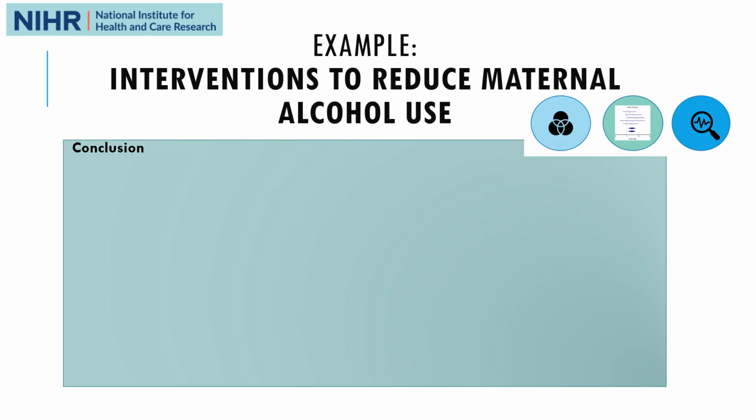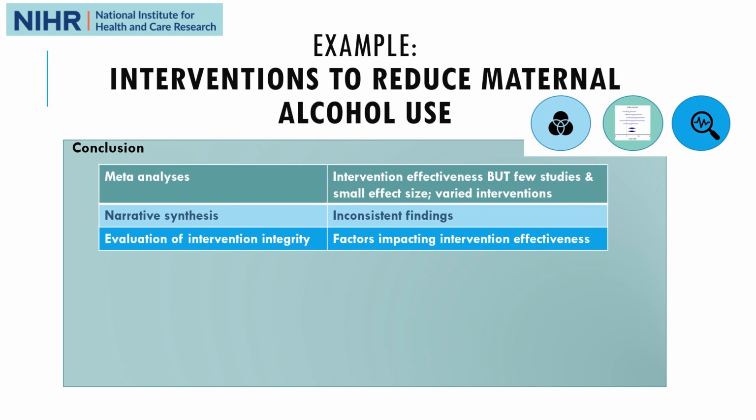So, in conclusion, while the meta-analysis demonstrated intervention effectiveness, both the number of studies included in the pooled effect sizes were very small, and the interventions varied in terms of population type and intervention approach.